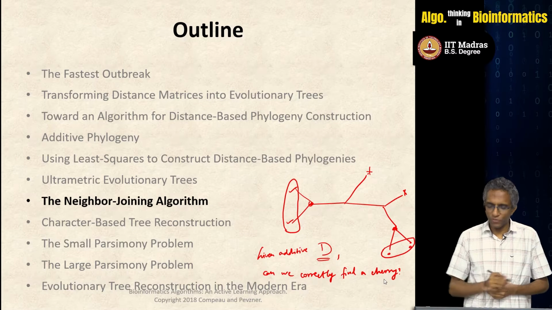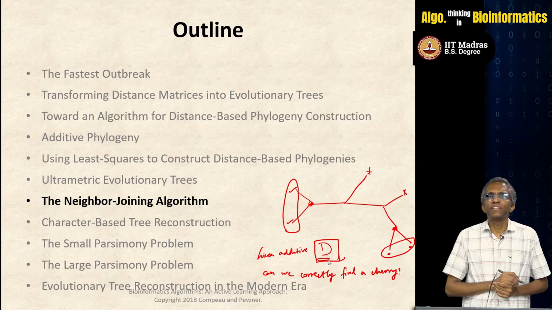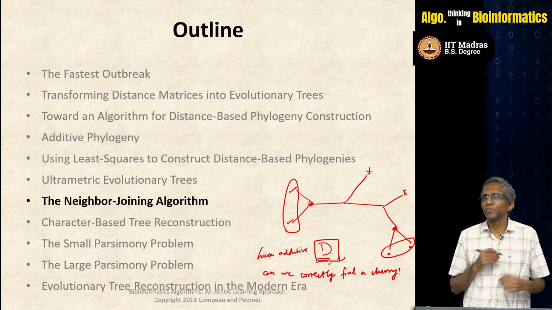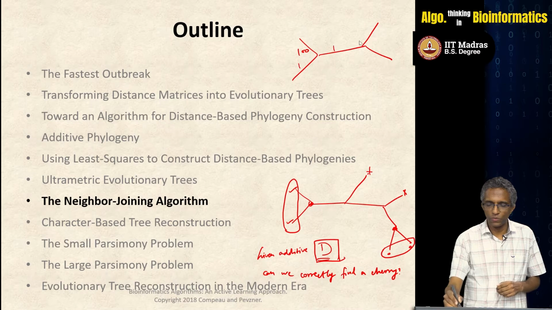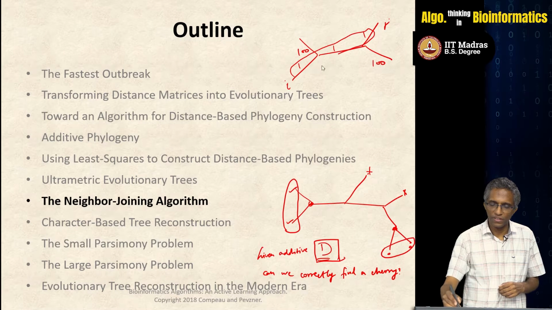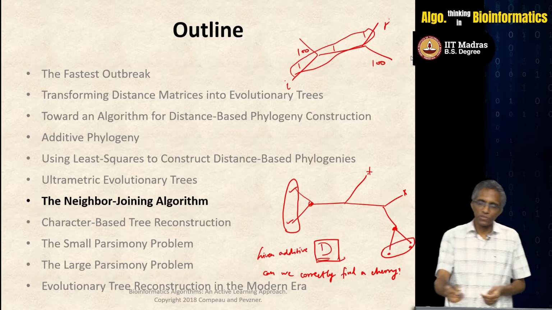We have seen that if you look at the minimum entry in D, the smallest value in D, that does not correspond to a cherry, because we looked at this example of 100, 1, 1, 100. The smallest entry is going to be between these two nodes i and j, but that is not forming a cherry. All the others are 100 plus all the other pairs, but this is not forming a cherry.